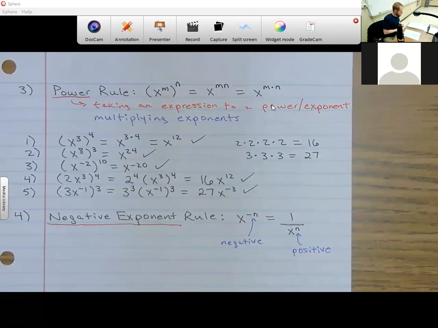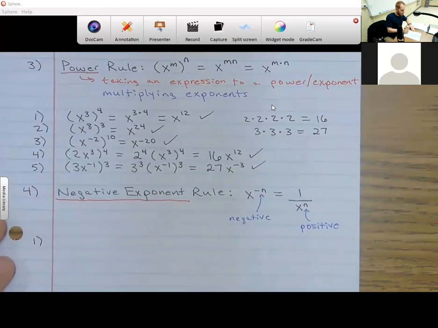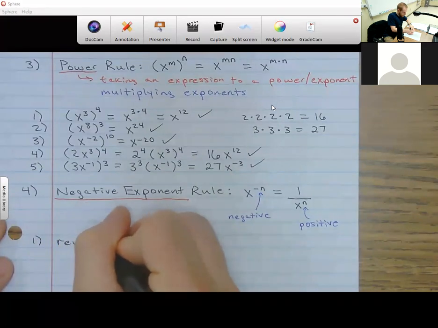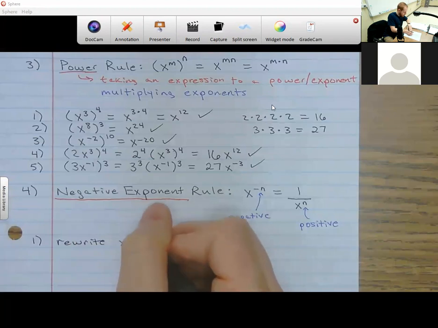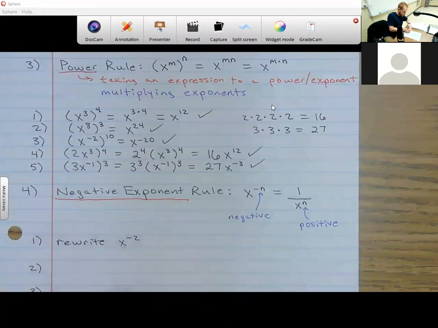So let's look at the first problem on the problem set. And I've got 5 that I want to do. So the first one is we're going to rewrite an expression. We're going to rewrite x to the negative 2 power. And we're pretty much going to do that for all 5 of these.